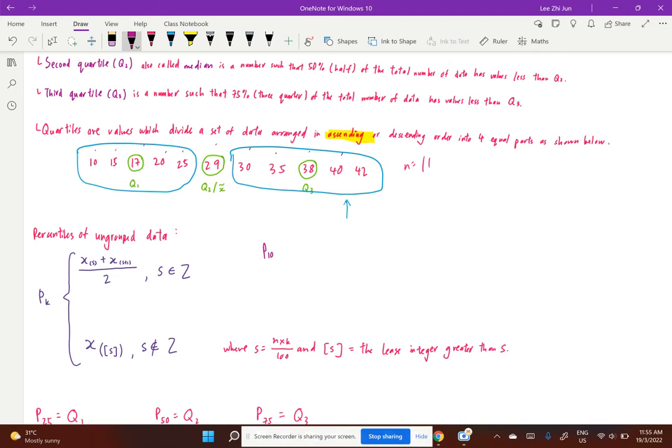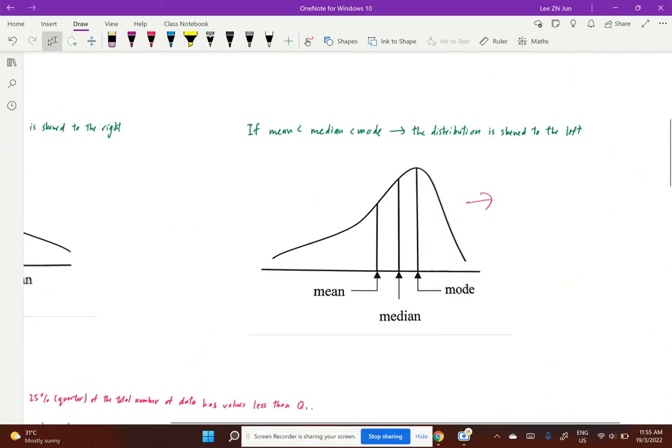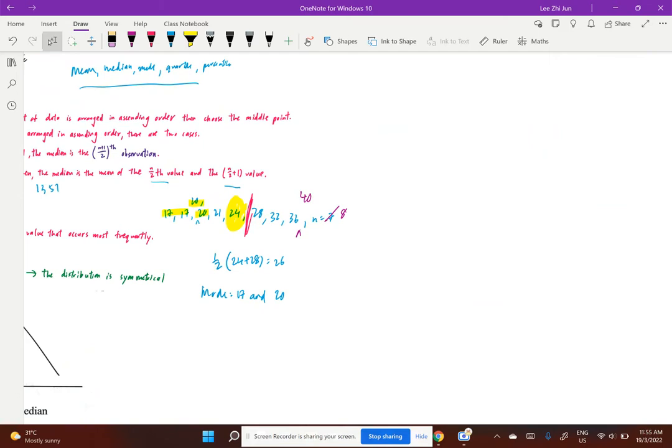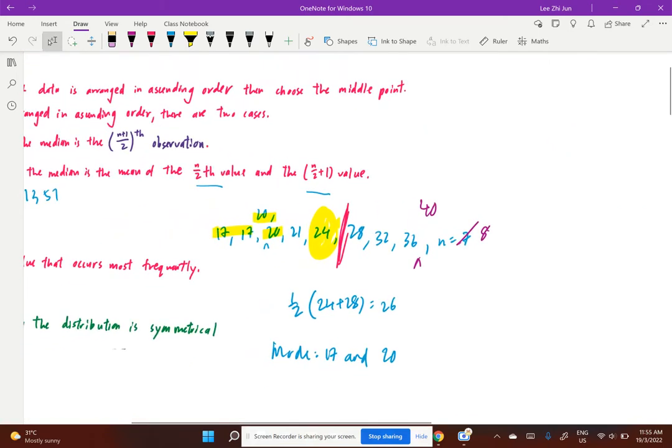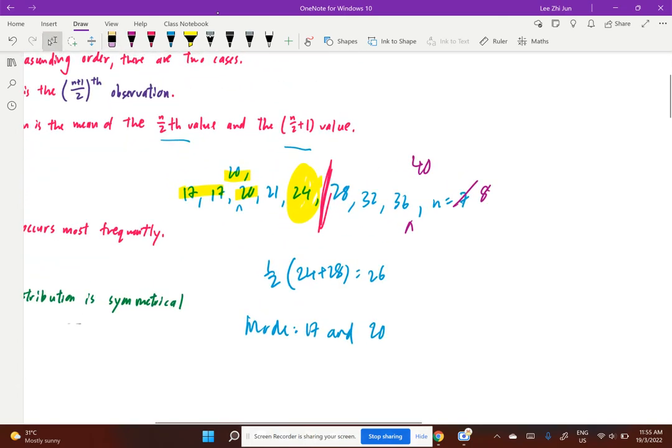For example, 10% for the previous data maybe cannot be used, so I use an easier one: 17, 17, 20, 20, 21, 24, 28, 32, 36, and 40. So here there are 10 numbers. I want to see the 10th percentile.